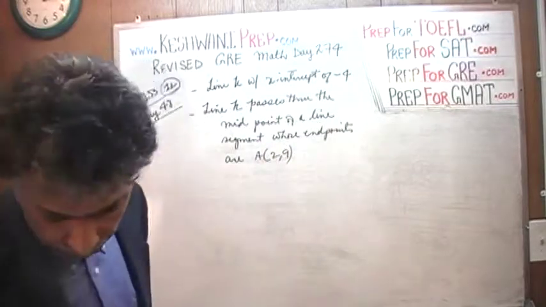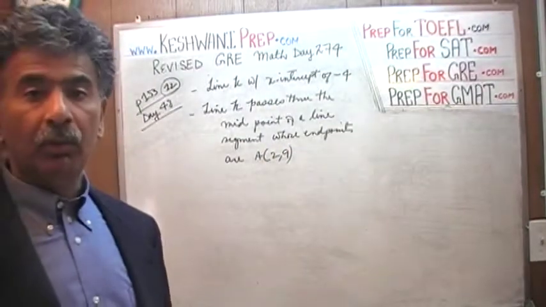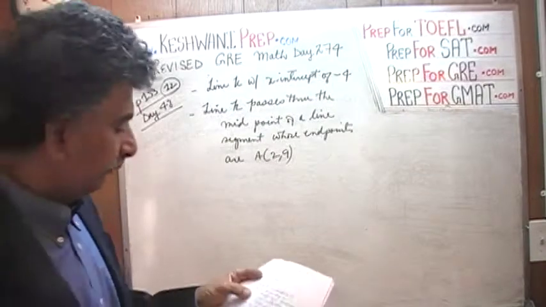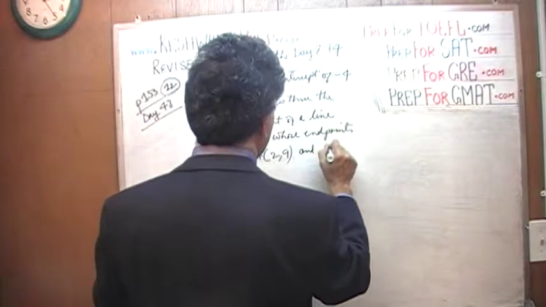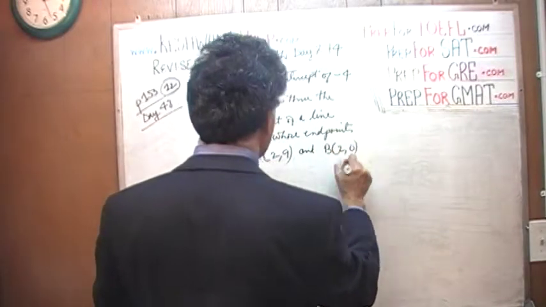I'm not sure if they give them names or not. They don't give them names. We're going to call them A and B, just so we can talk about them. We can christen them A and B, and B is 2, 0.